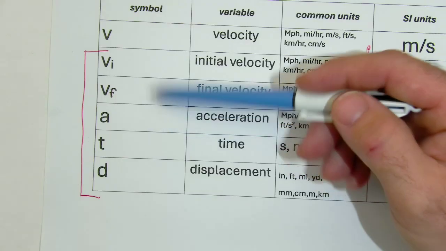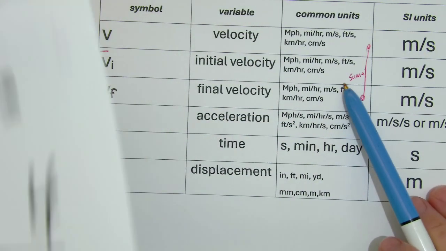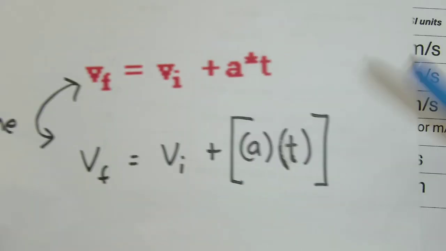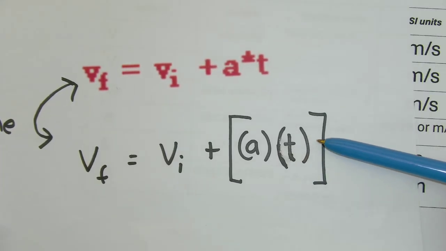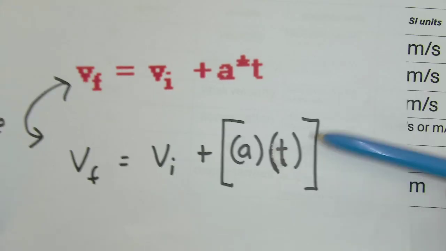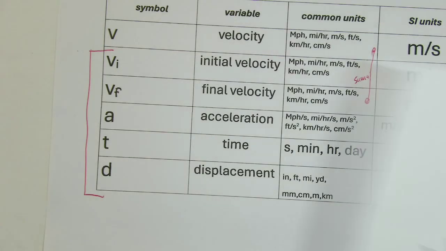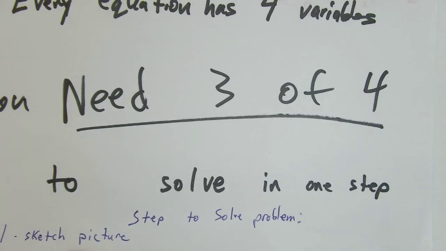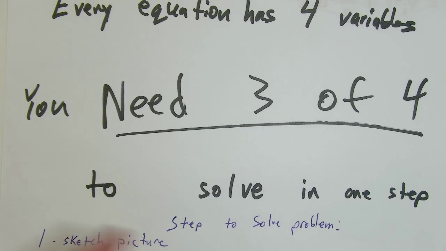There's one missing from all of them. For example, this one is missing displacement. This one is missing time. So they all have 4 of the 5. To solve something using these, you've got to have, as I mentioned, 3 of the 4 to solve them in one step.